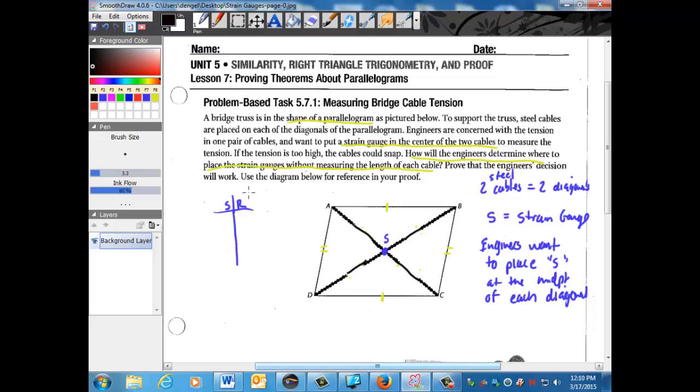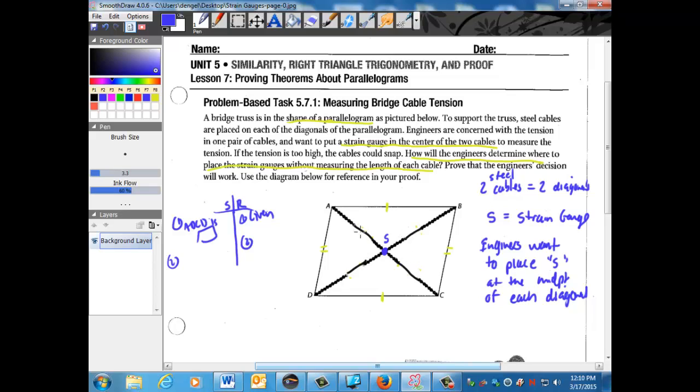All right, so we're going to start on our proof. One, we're going to say that ABCD is a parallelogram. And how did we know that? It was given to us. Two, if we want to think about how we can get these marks on our shape again, if we prove that these two triangles are each congruent, then by CPCTC, these segments will be equal.